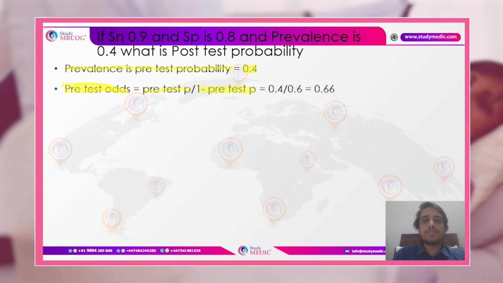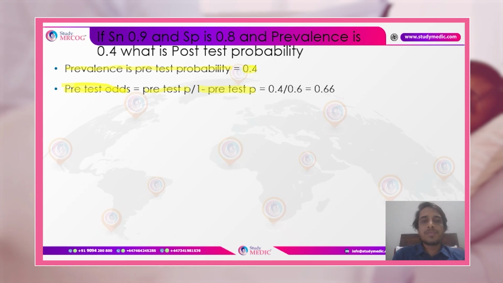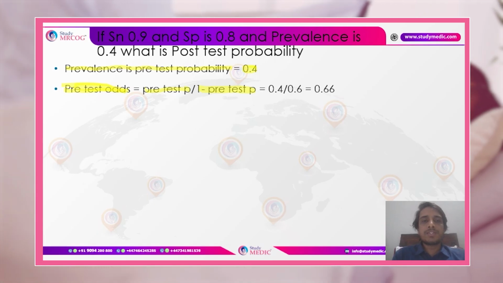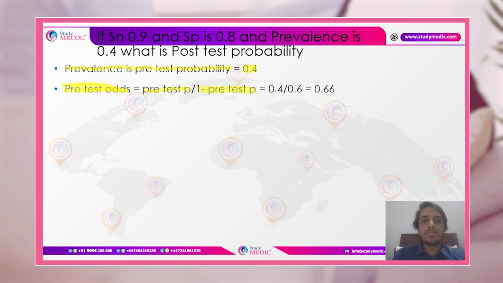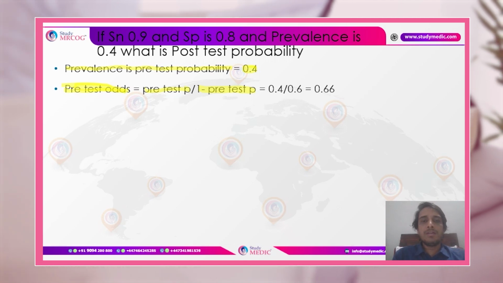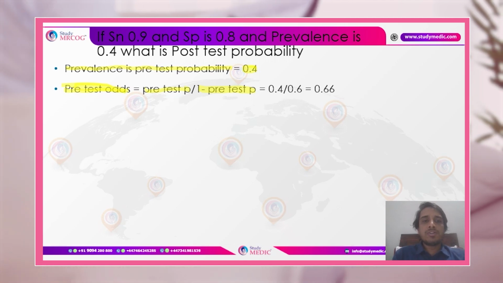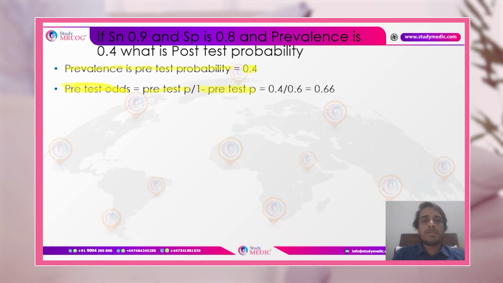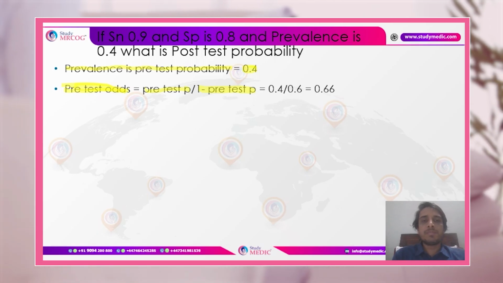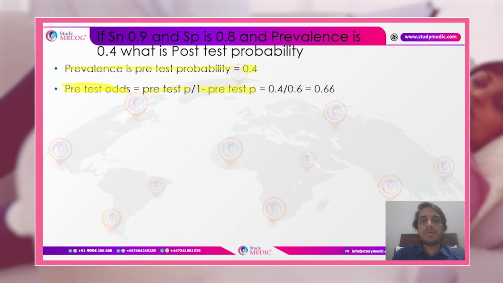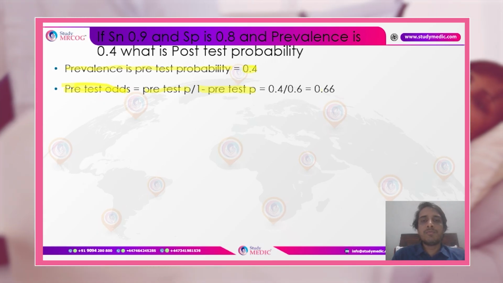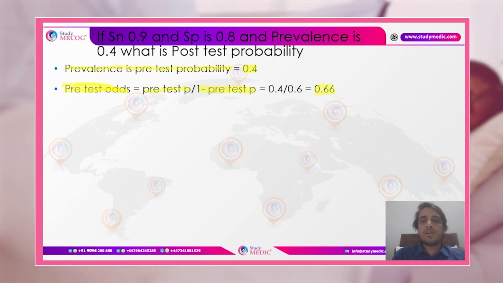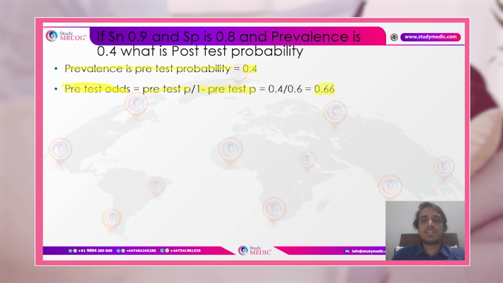We discussed in the previous slide the relationship between odds and probabilities. Odds is equal to probability by 1 minus probability. So calculating from the prevalence, pre-test probability by 1 minus pre-test probability is 0.4 by 0.6. 1 minus 0.4 is 0.6. It will come to around 0.66, that is 66% is the pre-test odds.